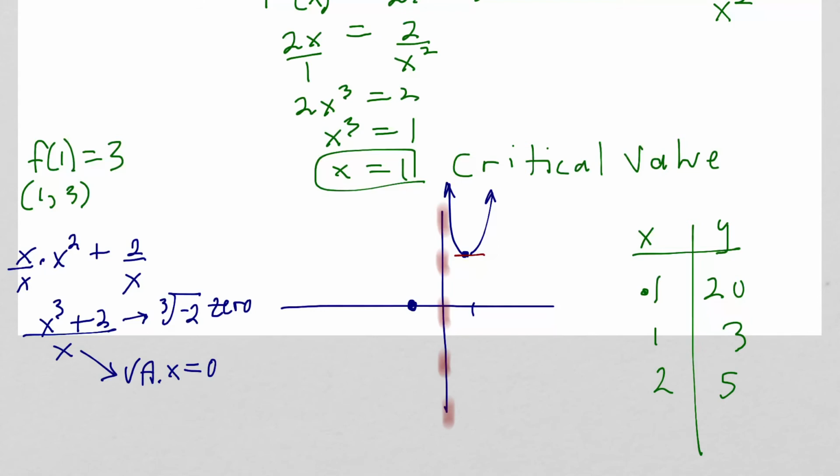So this is a local minimum. And why do I say it's a local minimum? I say it's a local minimum because there's another piece of this function. Now, we want to be able to decide whether to classify that point there as an absolute minimum or a local minimum.